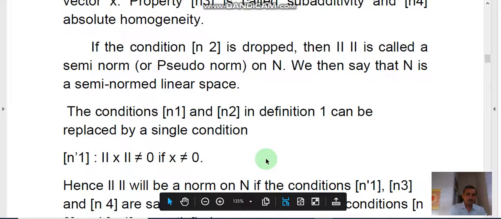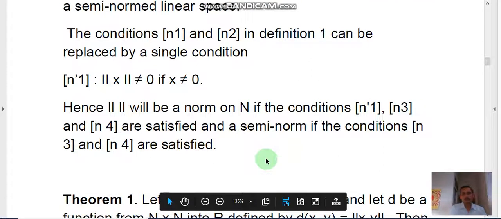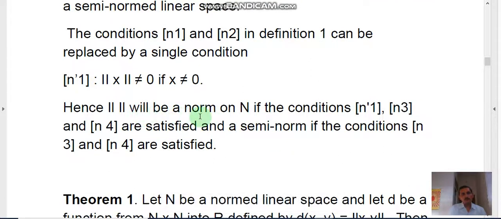There is a new definition for the normed linear space: this will be a norm on N if the conditions N1 dash, N3 and N4 are satisfied, and a semi-norm if the conditions N3 and N4 are satisfied. So this is the definition of normed linear space, and based on this norm, now we consider some theorems.